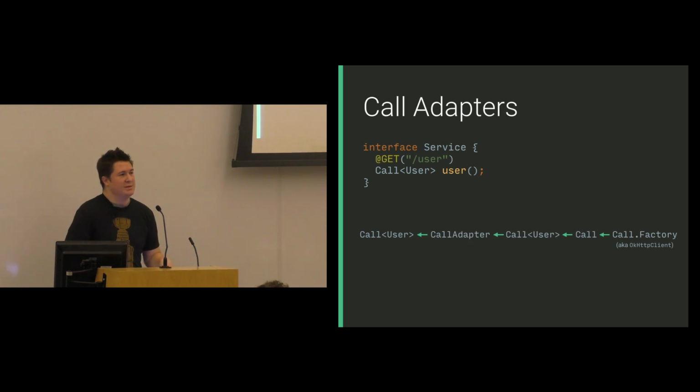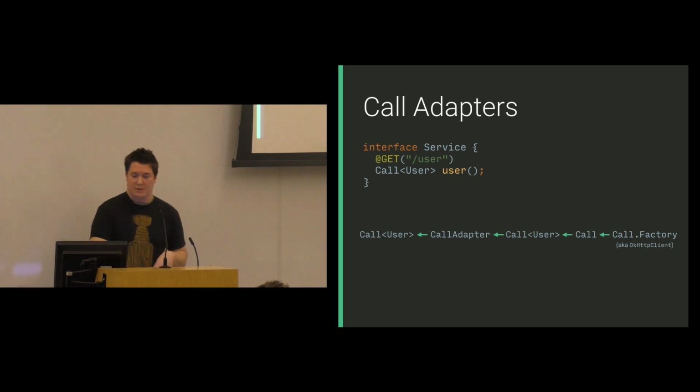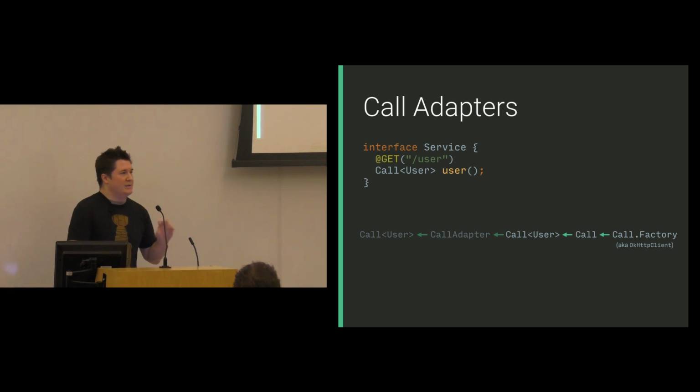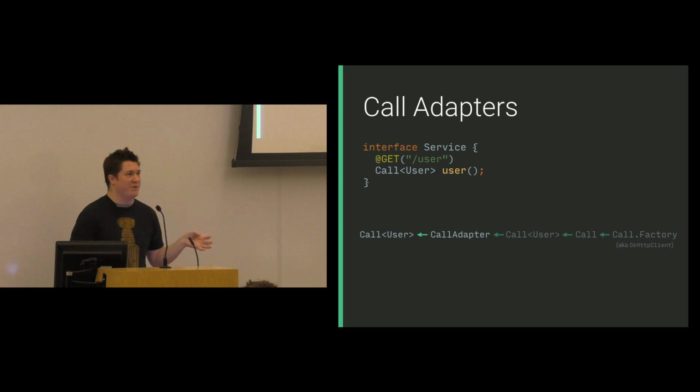The mechanism that does this is the call adapter. And so the stuff on the right is always going to happen. We're always going to have an HTTP client. We're always going to create an HTTP client call object, and then we're always going to wrap it in the Retrofit call. And then the stuff on the actual left is the behavior that a call adapter creates, which is that extra level of wrapping.